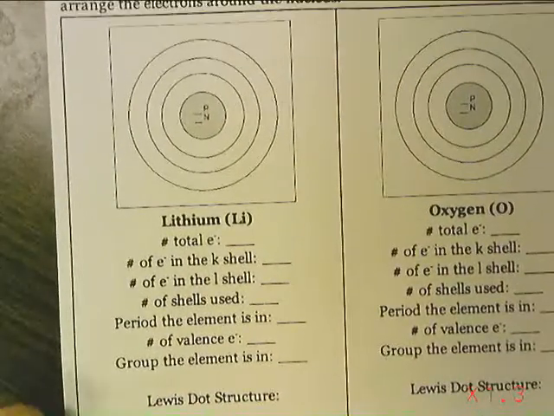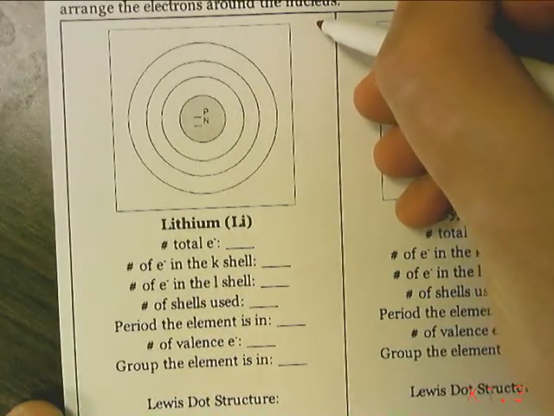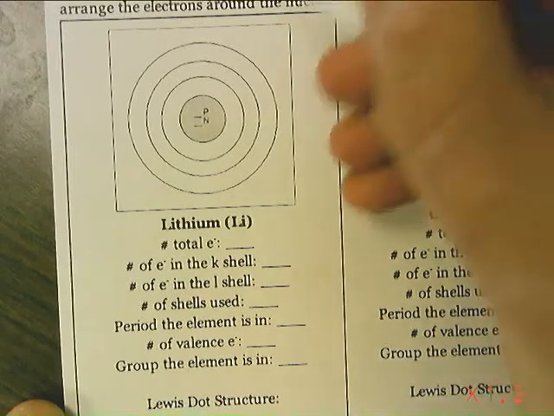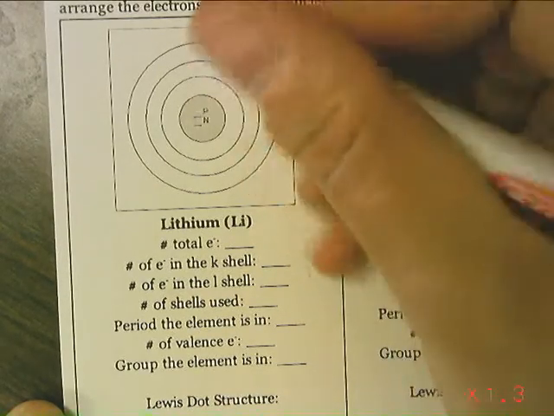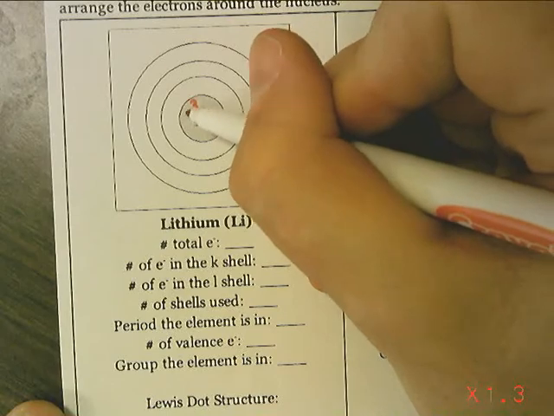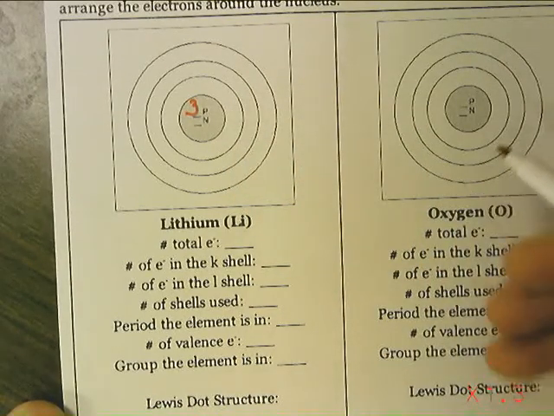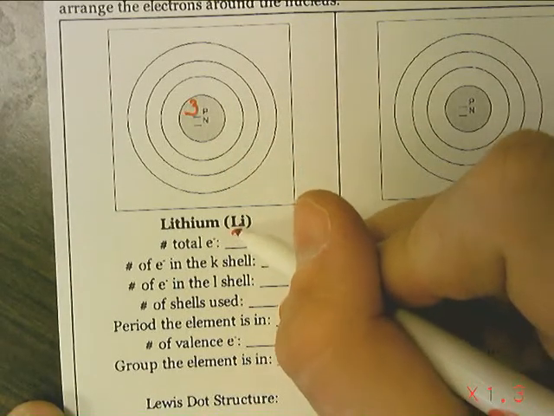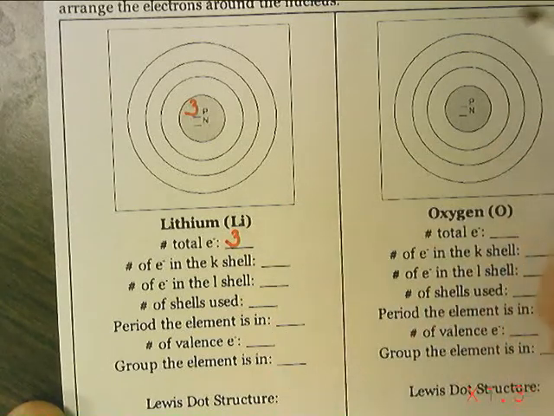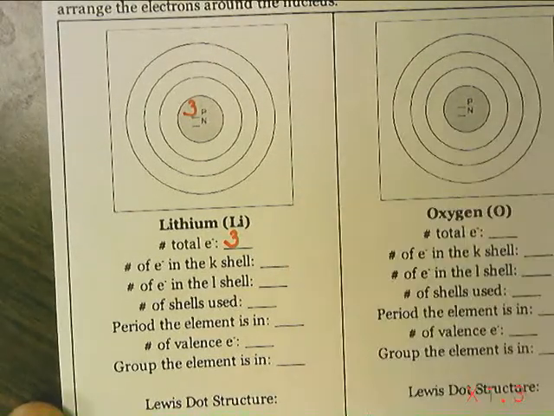So if you look at the element lithium, lithium has an atomic number of 3. So it has 3 protons in its nucleus. That also tells us that it has 3 total electrons, for now. Remember, this handout is called neutral Bohr models.